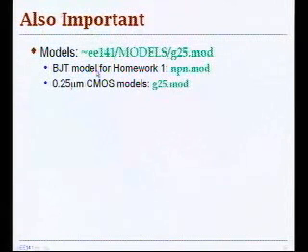That is your netlist RTL inverter that you have to simulate initially, and then you have to modify that BJT to replace it with a MOSFET, and then do the same basically and turn in your report. So the models are all located on instructional machines in this E141 models account, and you will be using the NPN model BJT for the first homework, and for the rest of the class, quarter micron CMOS G25 models.